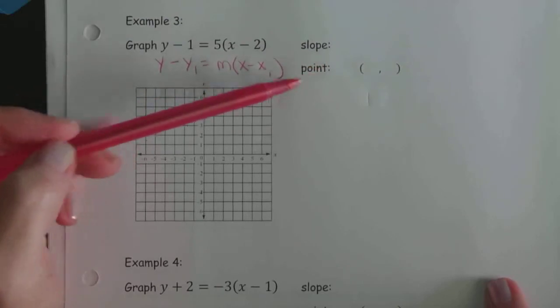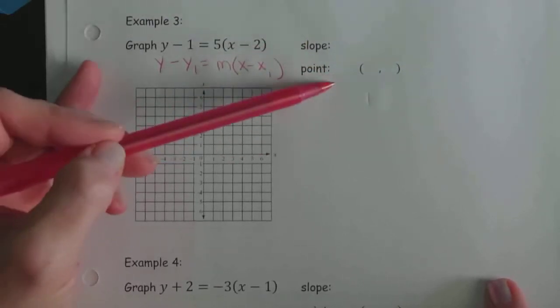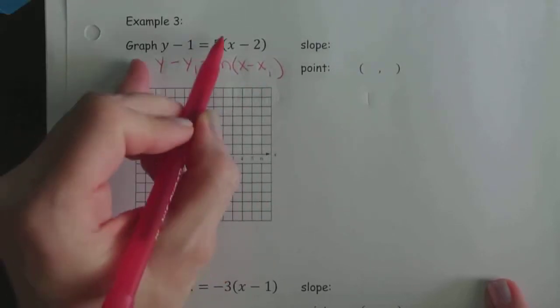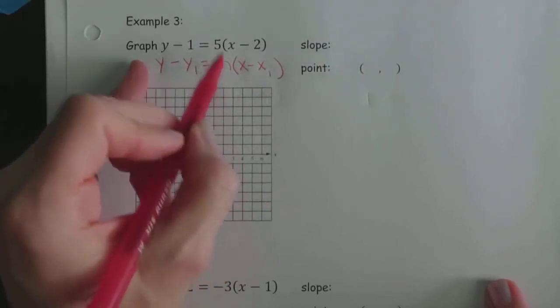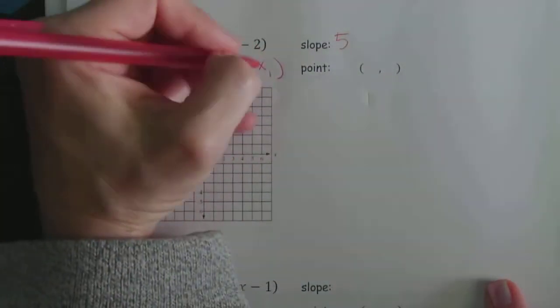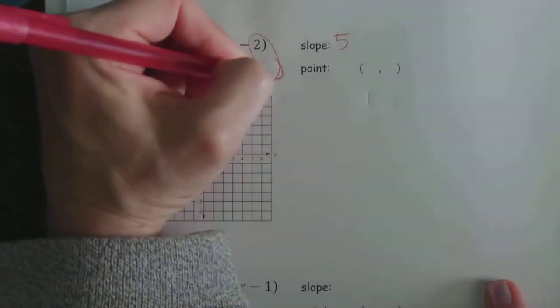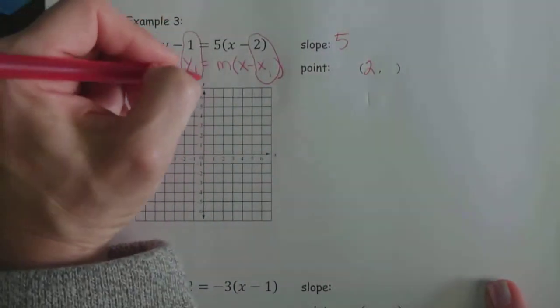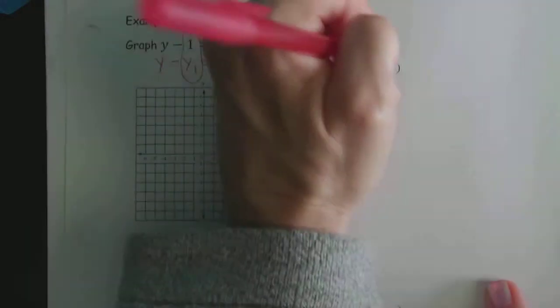So let's pick out the key ingredients. They don't call it point slope for nothing. Point slope, point slope, point slope. So the slope is 5. I hope you can see that. And the point. X sub 1 looks to be 2. And y sub 1, 1.